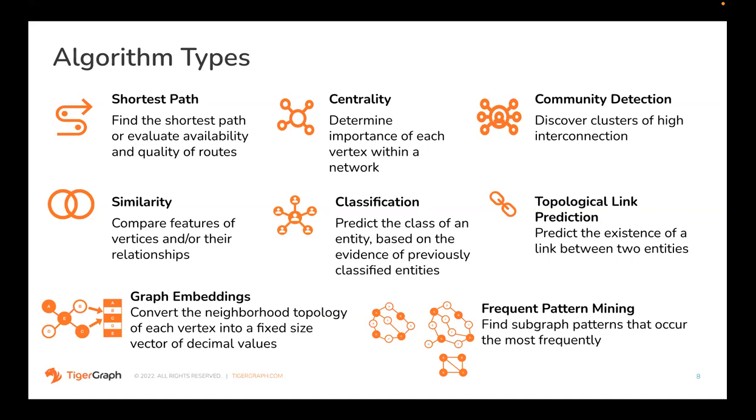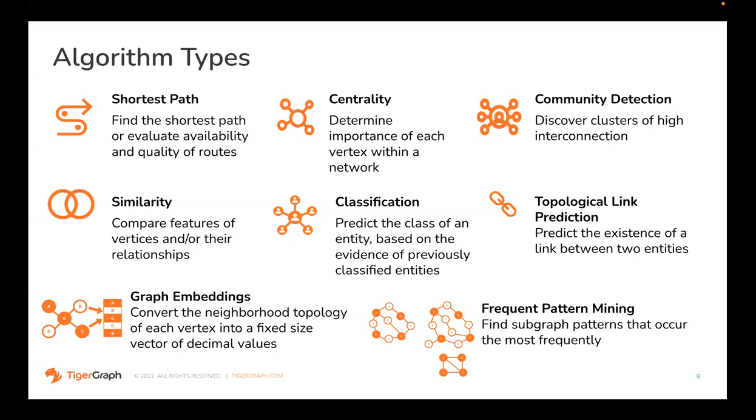But more recently, just in the past 6 months or so, we've added 3 more: topological link prediction, graph embeddings, which is really getting into machine learning, and frequent pattern mining, which is often also considered unsupervised machine learning. So the new categories really lean into the area of machine learning.